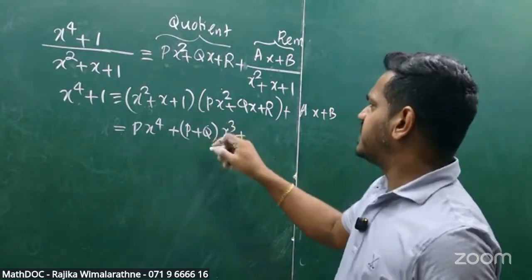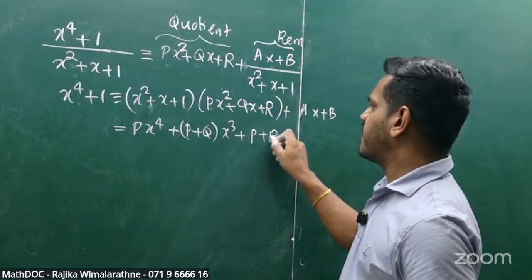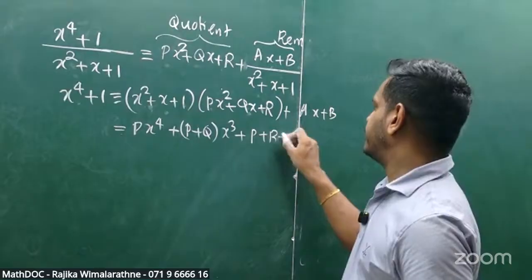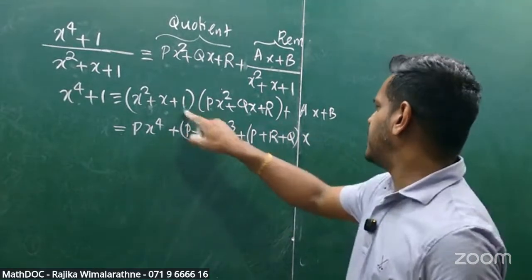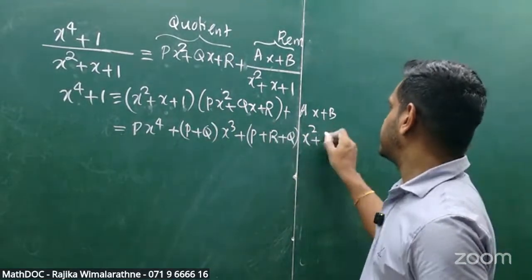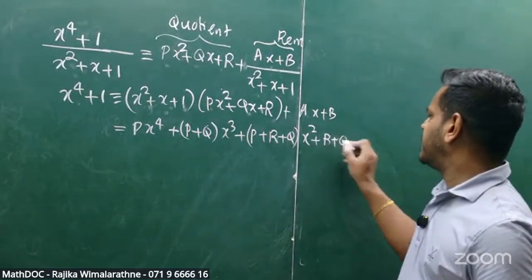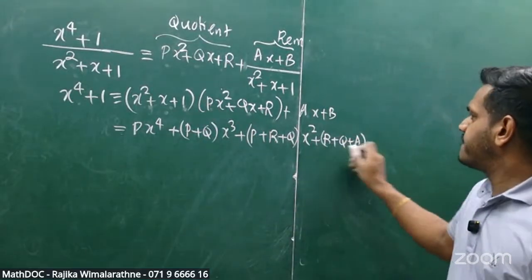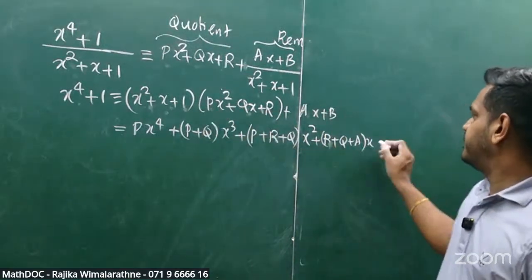Now further we have the x squared term, here p plus r plus q. And further we have the x term, r plus q plus a. So we have the constant term r plus b.